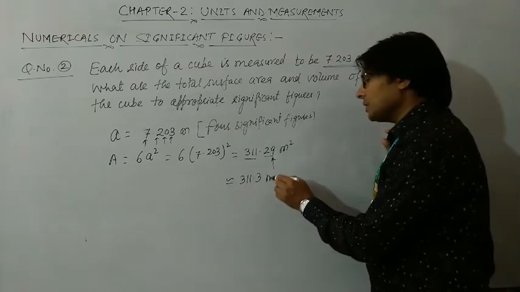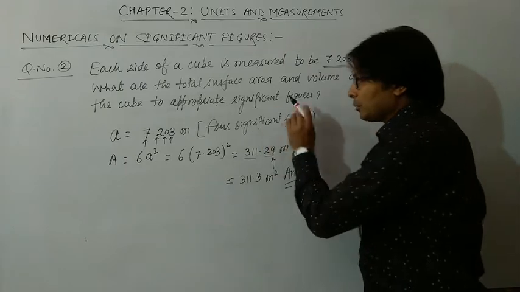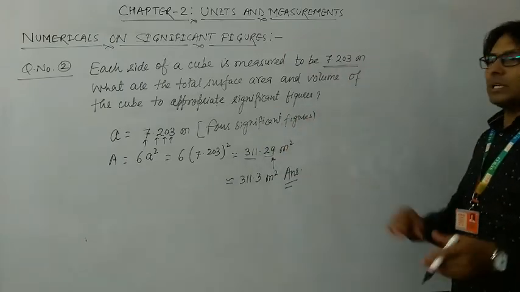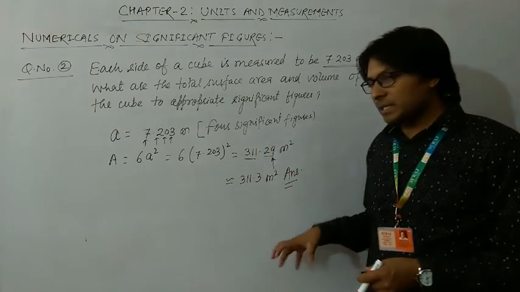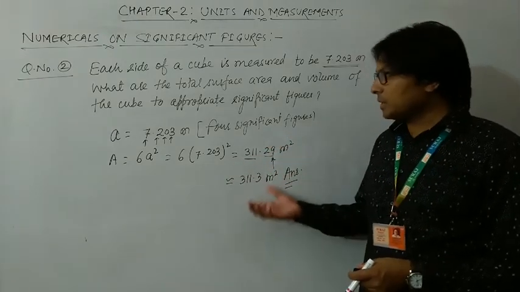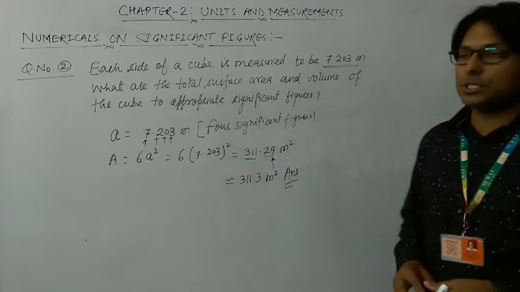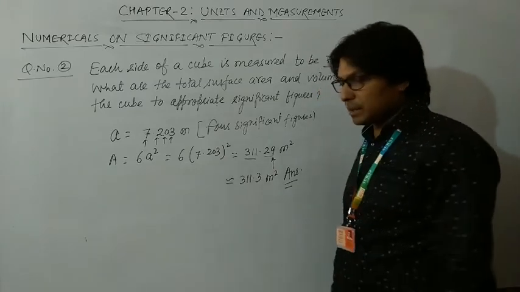So this will be the appropriate answer, up to the appropriate significant figures. All the calculations will be the same, but when you write the final result, you must consider the significant figures. That is all we have to change. Otherwise these formulas are the same, which you have studied in mathematics also.